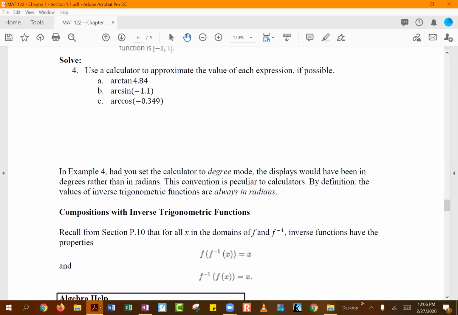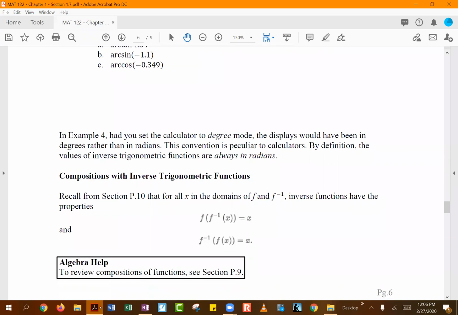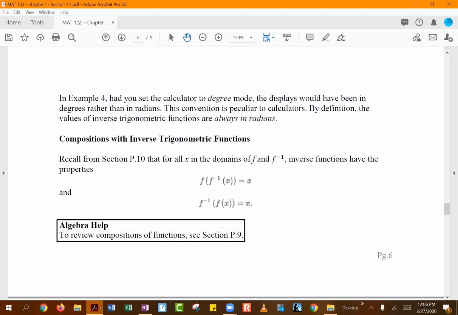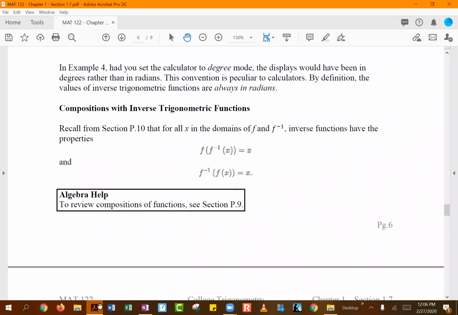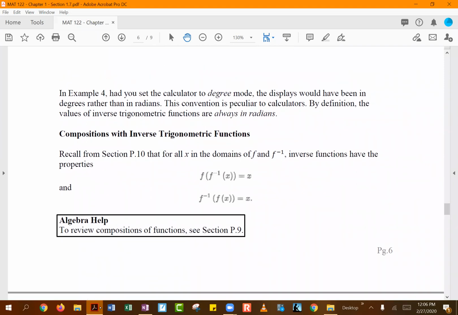Because calculators would not be that hard to work through. And that little paragraph is just talking about making sure you're working with the right mode in your calculator.